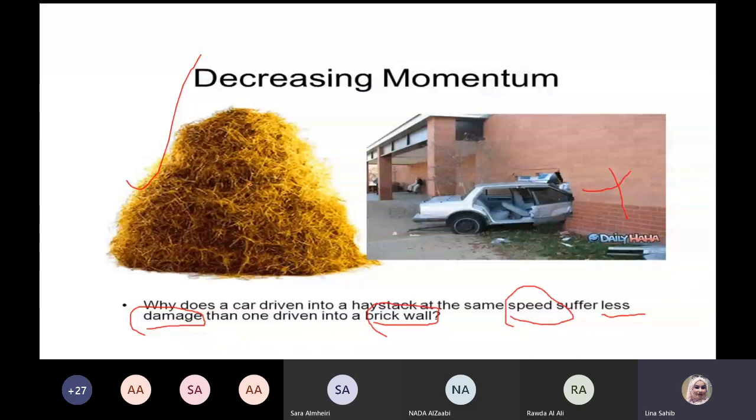Who can explain for me this phenomenon depending on the relation between the momentum and impulse? Who can explain why? Because the brick wall has more force? In the first case, on the right side, there is a higher force than in the second. Why higher force?